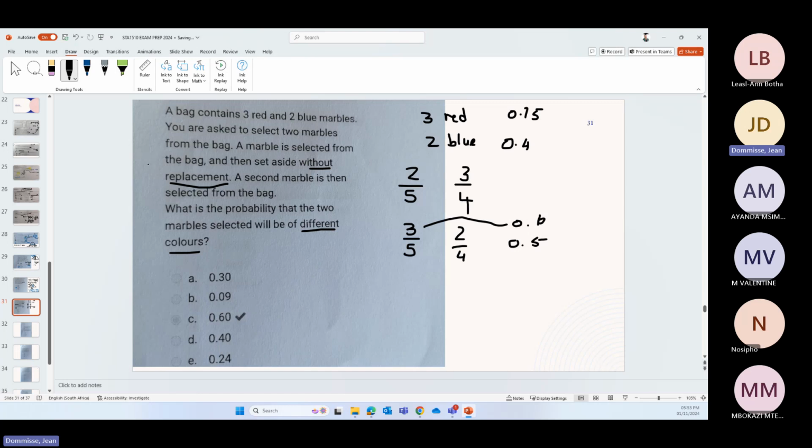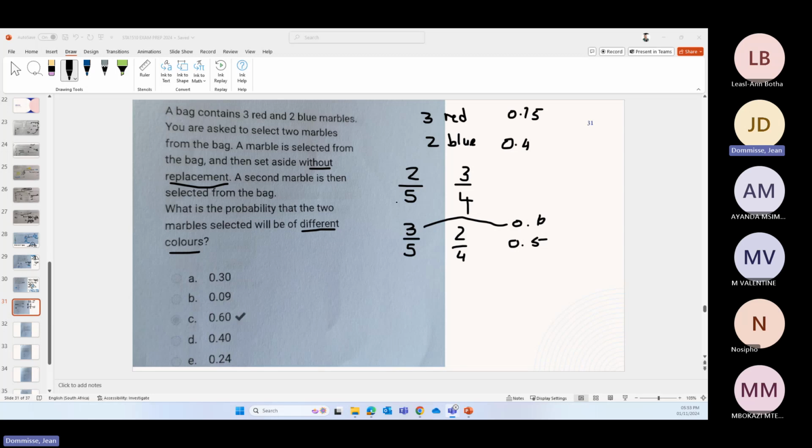A marble is selected from a bag and then set aside without replacement. A second marble is then selected from the bag. What is the probability that the 2 marbles selected will be of different colors?